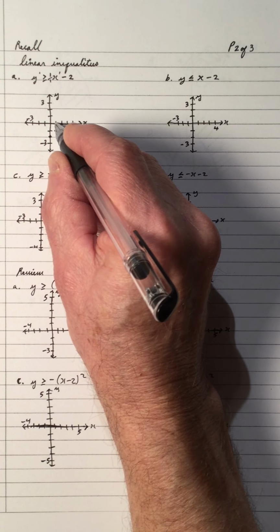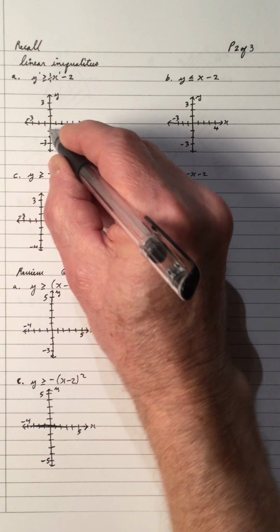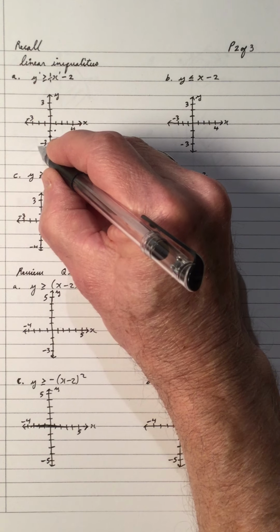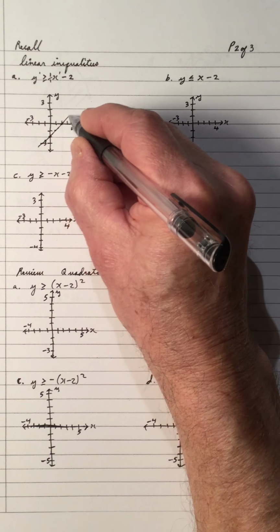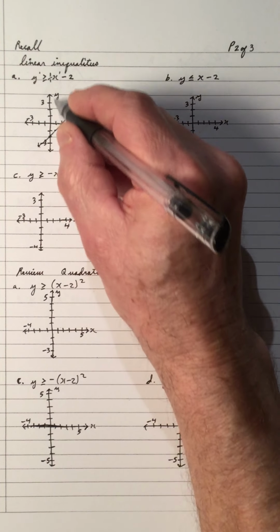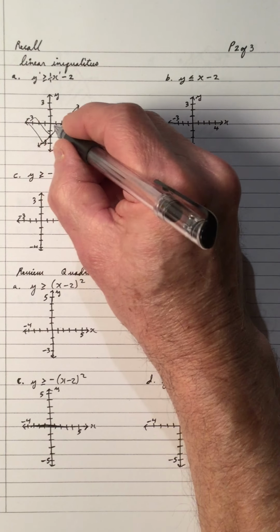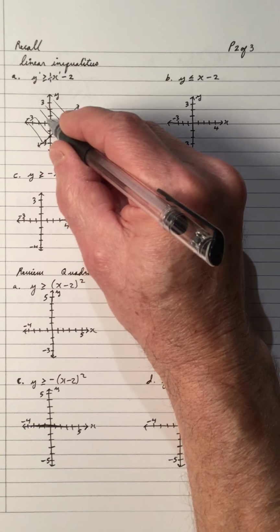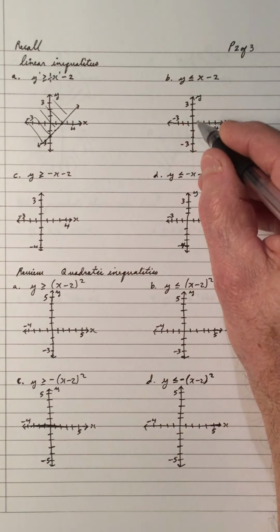So this line is equal to, so it's a solid line because it's equal to, and greater than is above the line. So all the points up here make this inequality true.